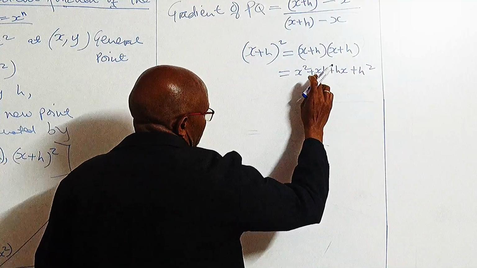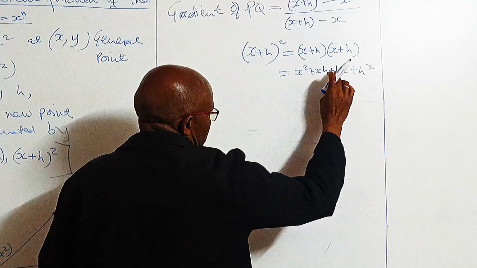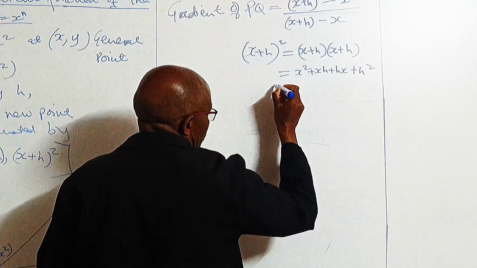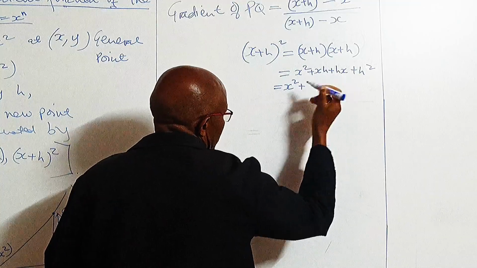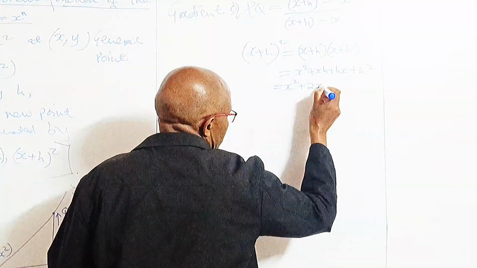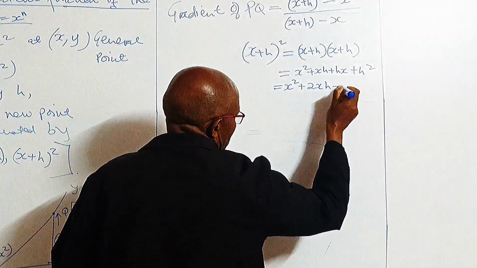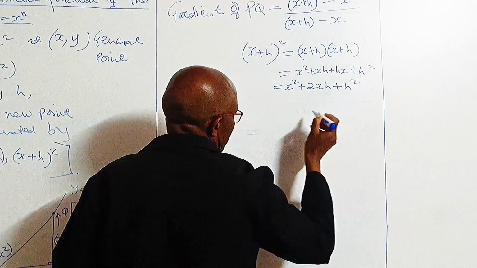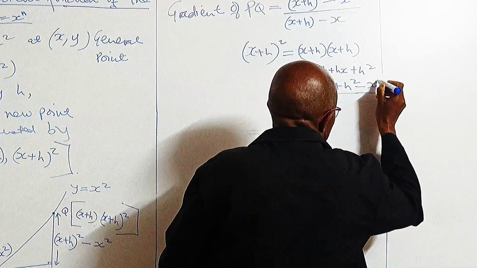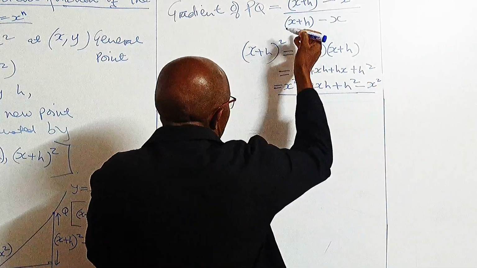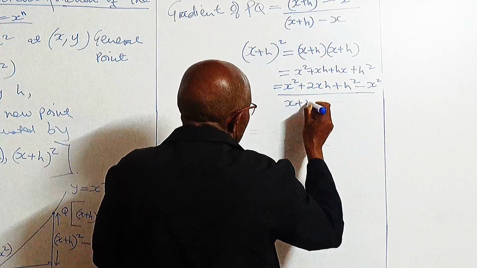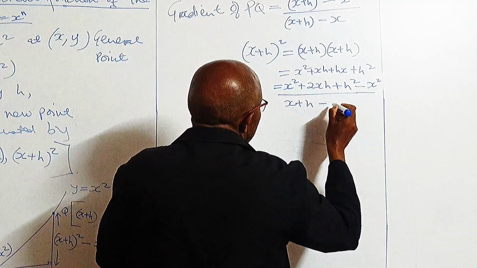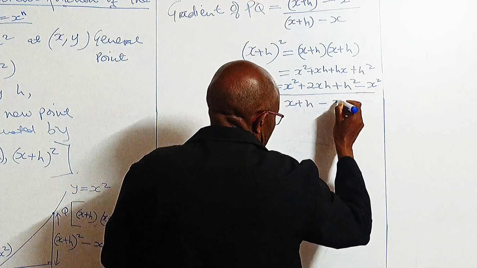Since x times h is the same as h times x, we have x squared plus 2xh plus h squared, minus x squared, all over the denominator, which is x plus h minus x.